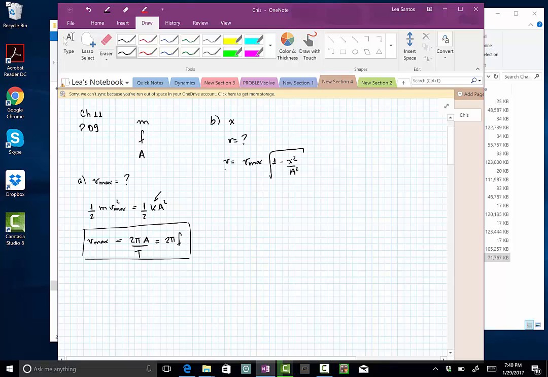Again, if you don't memorize these equations, you just derive them, which is, I think, a much smarter thing to do. How would you derive this equation? Well, you know from conservation of energy that at that intermediate point, the kinetic energy plus the potential energy is equal to the maximal elastic potential energy, 1/2 k a squared.